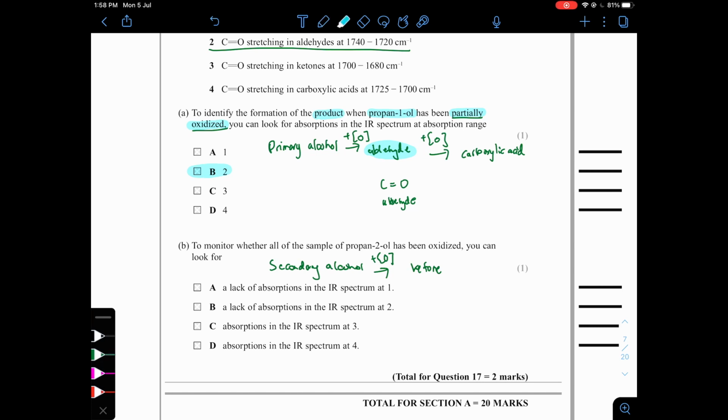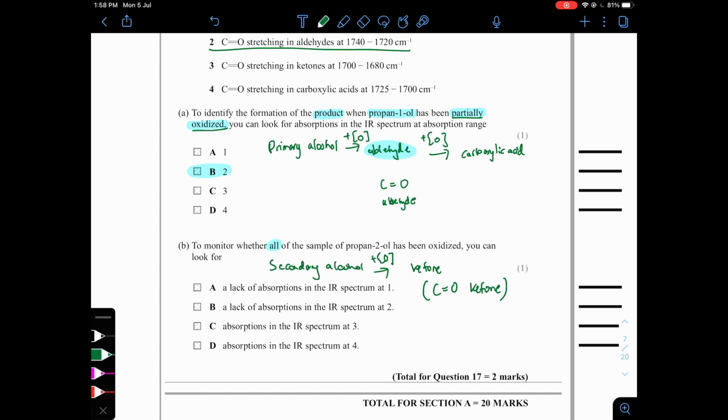They tell us to monitor whether all of the sample has been oxidized. Okay, so suppose not all of the sample is oxidized, you will still get a ketone. You'll still get absorptions for the ketone. You get C double bond O, ketone. You'll still get this, even if not all of the sample has been oxidized.